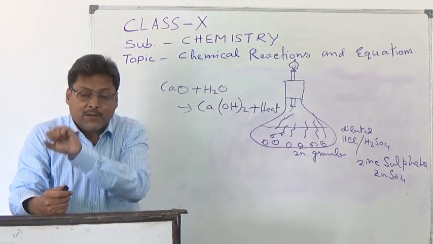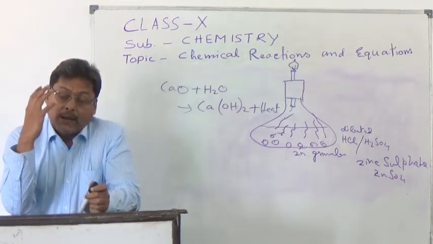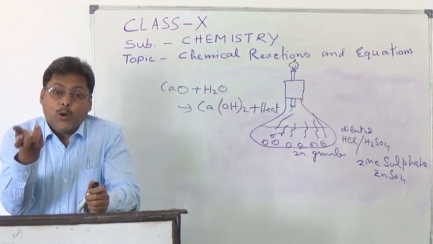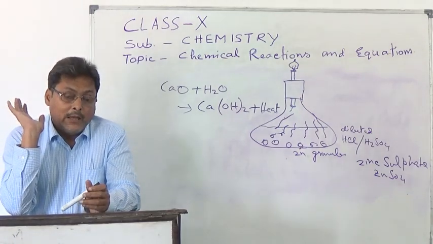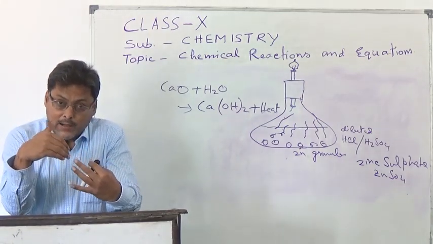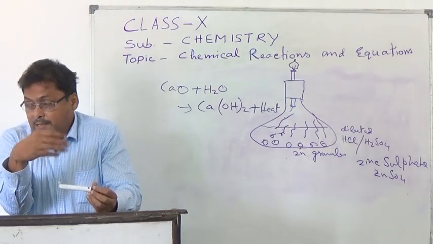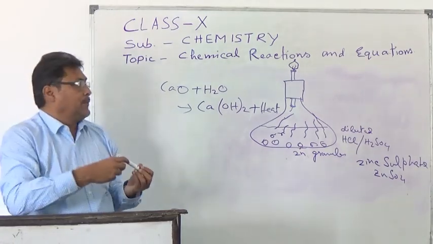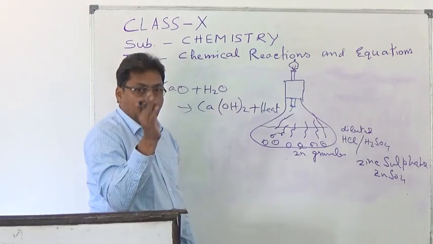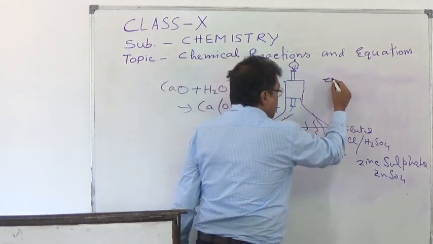It involves heat. It either becomes hotter or becomes colder. If through the reaction the temperature is increased, heat is produced, we call that kind of reaction exothermic.